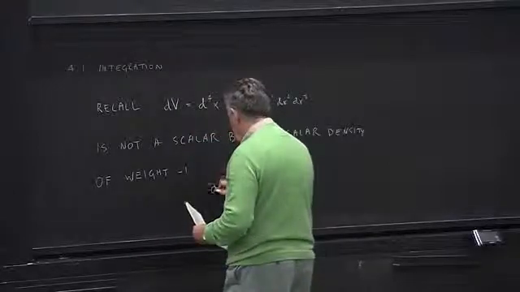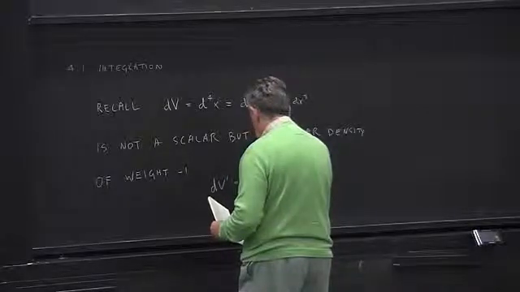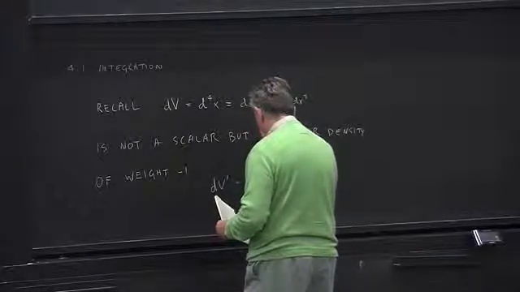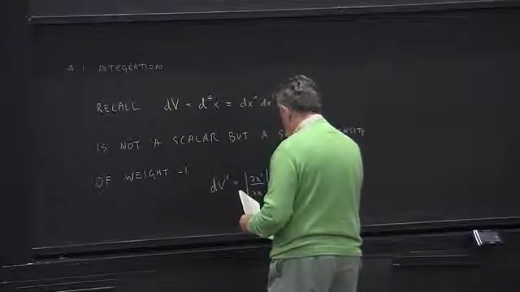So that means dv prime was dx prime over dx times dv.